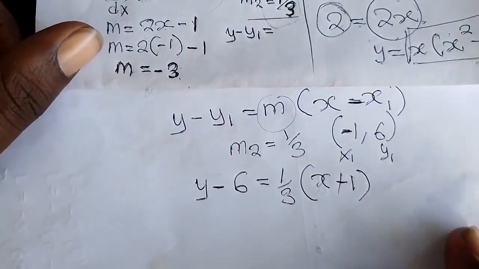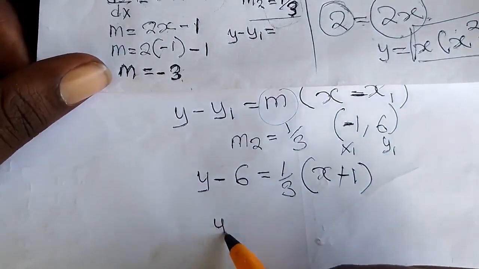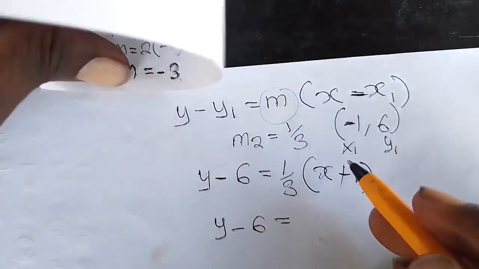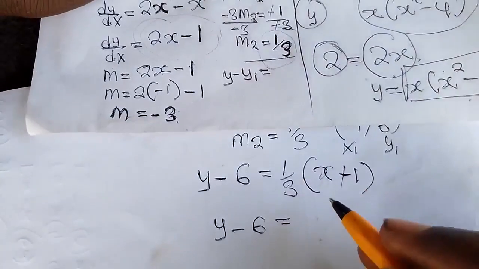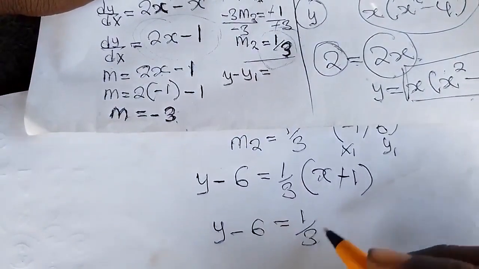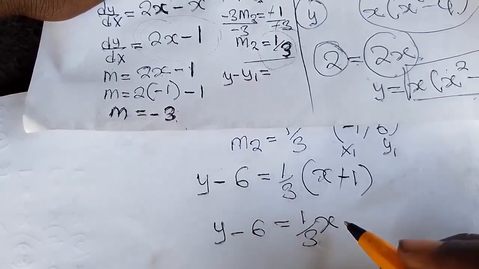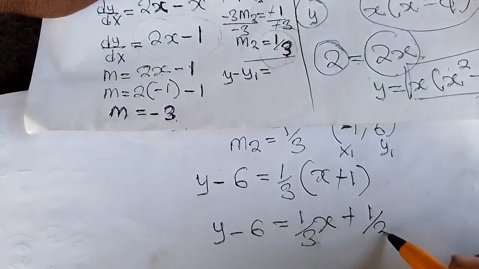Then after you do this, you expand. You say y minus 6 is equal to 1 over 3 times x. What are you getting? You are getting 1 over 3x. 1 over 3 times 1, just getting the same thing, which is 1 over 3.